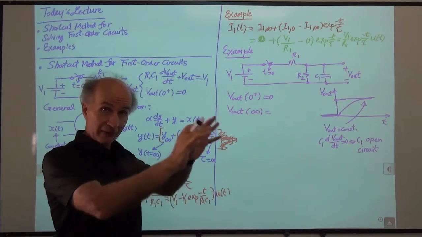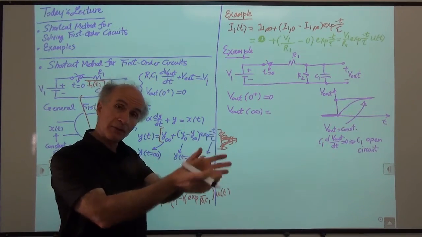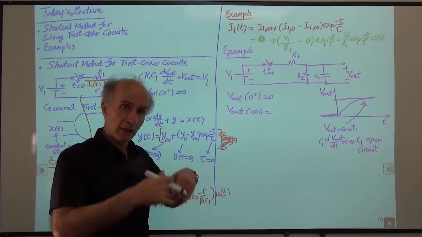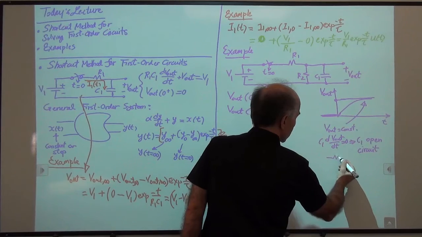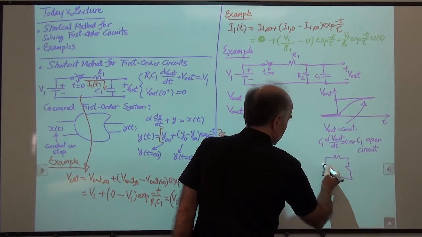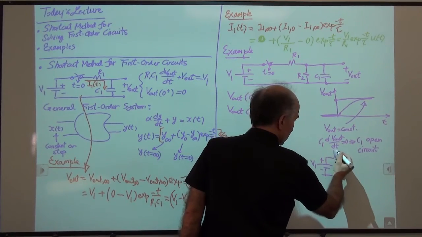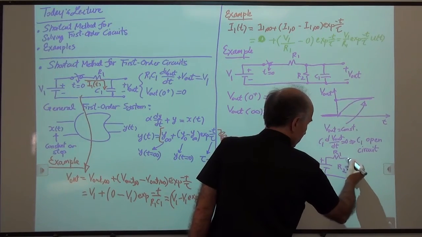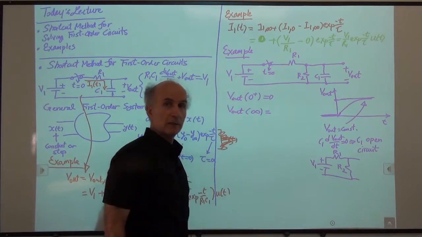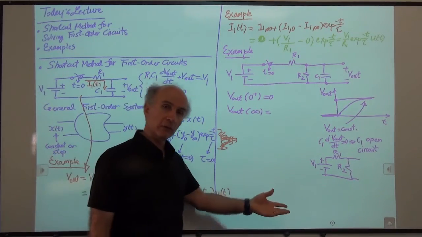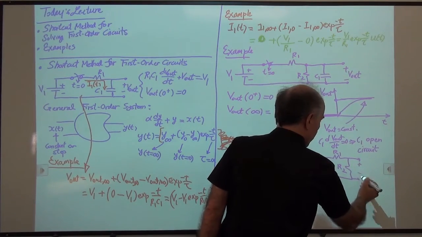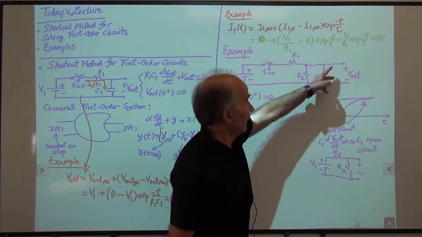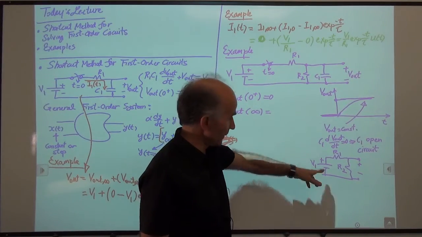At time infinity, the circuit simplifies because the capacitor is open. You can throw away the capacitor. So the circuit looks like this now. Do you agree? Because the capacitor is open, I don't have to include it anymore. So how much is the voltage that I can measure between these two terminals? Well, it's just a simple voltage divider.